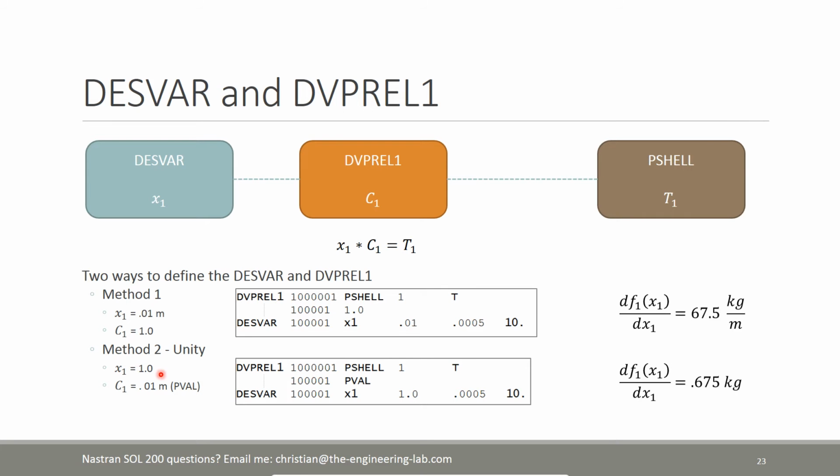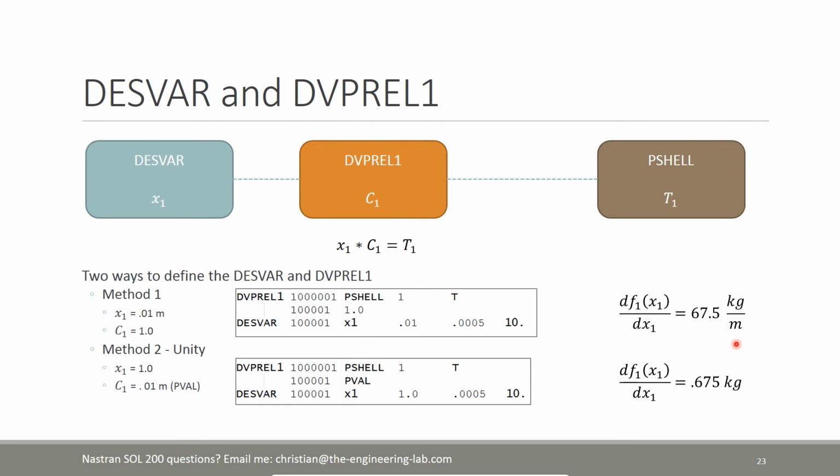So 1.0 times 0.01 is still giving you 0.01 meters. So this is still a valid way of defining your DESVAR and your DVPRO1. Here in the entries, you know you're using this method when a DESVAR entry now says 1.0. You'll notice before it said 0.01. And now this entry says PVAL, or the original value of the parameter, which is 0.01.